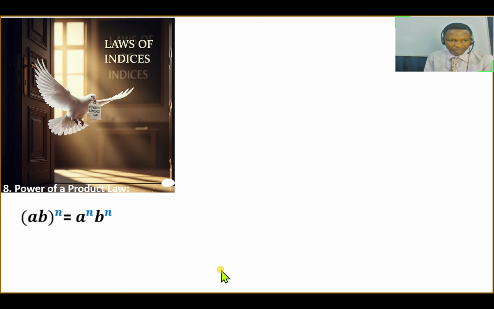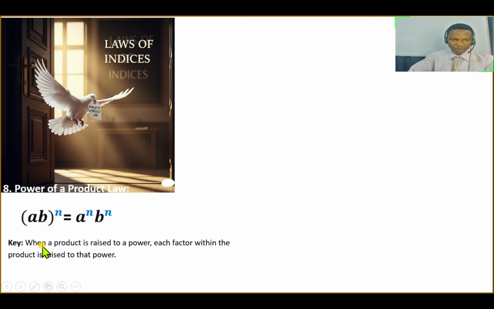Power of a product law. (ab) all raised to power n: every item inside the bracket will be raised to the power outside the bracket. So that is a raised to power n multiplied by b raised to power n.